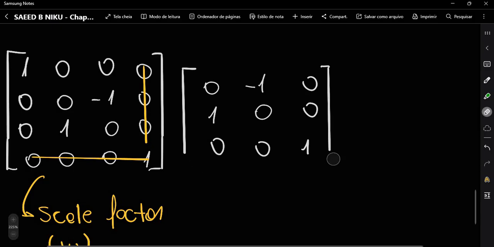And adding the scale factor W to keep this matrix in the quadratic form.